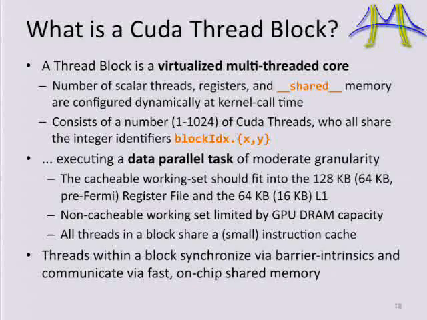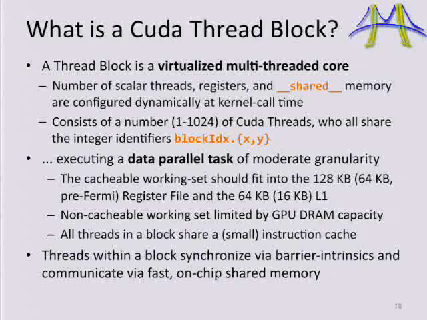So the non-cacheable working set is limited only by the GPU's DRAM capacity, which is on the order of, for small GPUs in laptop chipsets, a couple hundred megabytes. For the largest Tesla chips, 6 gigabytes. And all threads in a block share this instruction cache, but otherwise can execute absolutely independently if they so please. But again, as I mentioned with the warps, it's most efficient when they are sharing the same small program.